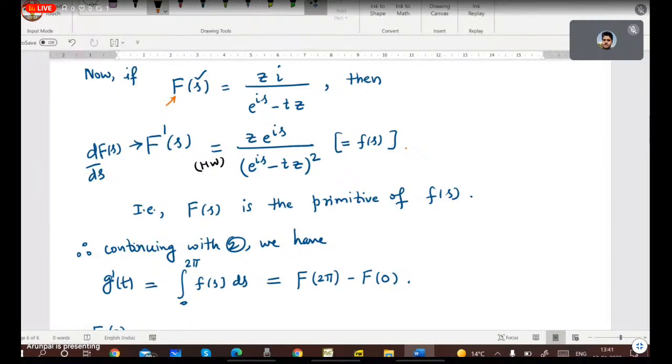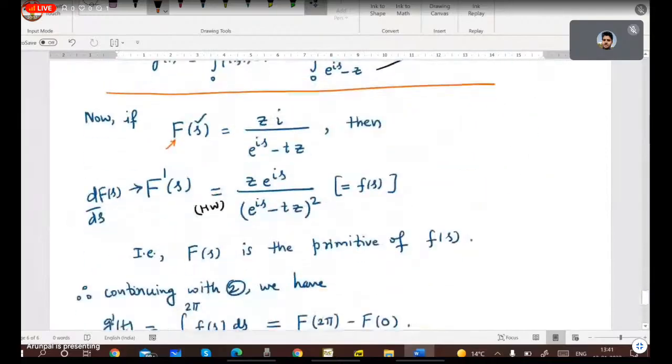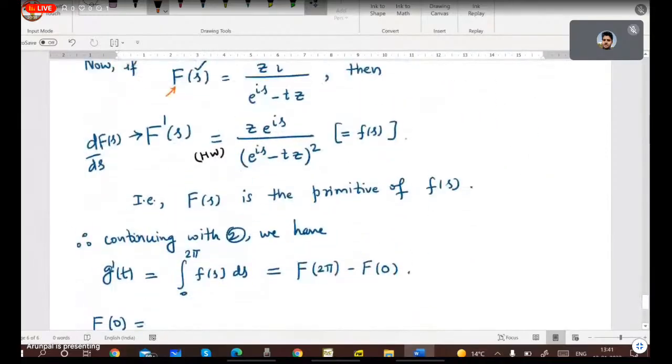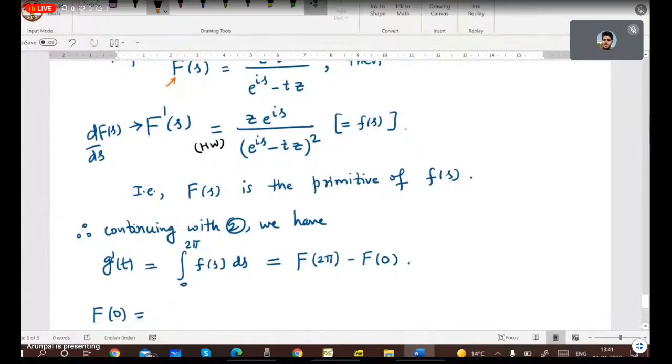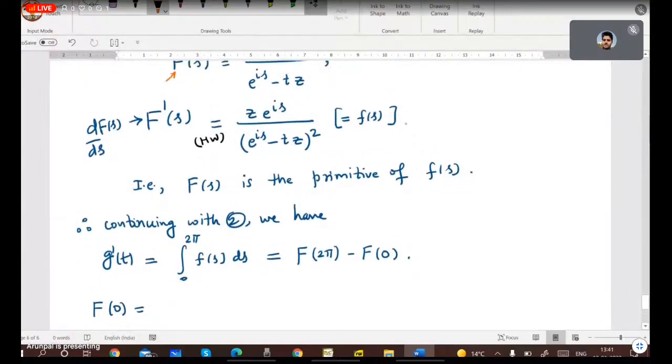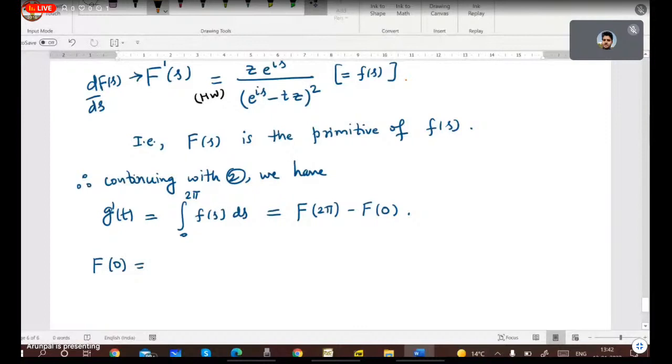Can you tell me the value of F at 0? If you look at it, the value of F at 0 is zi upon 1 minus Tz. Very good.